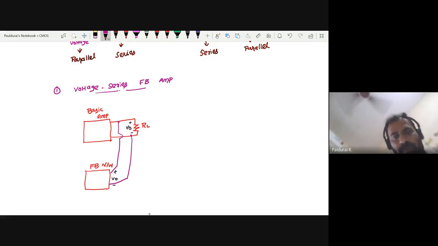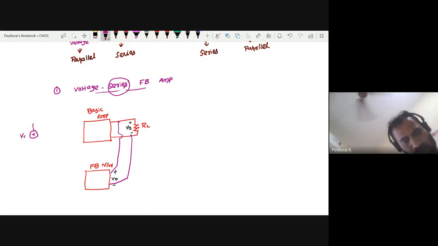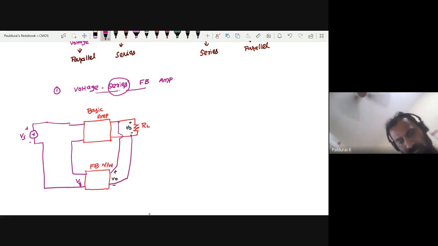Coming to the input side, series mixing. Series means you mix voltage. This is my voltage source Vs. Since this is voltage, here also it is voltage Vf plus minus. So it becomes Vi plus minus.